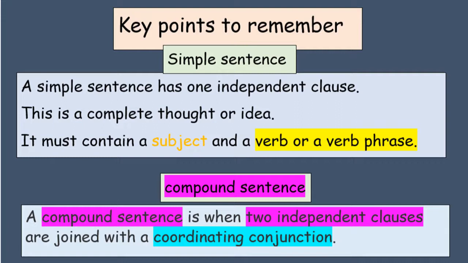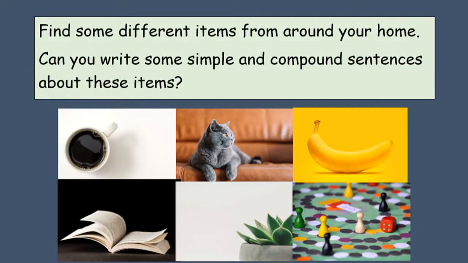A compound sentence is two independent clauses joined together by a coordinating conjunction. So this is two ideas that are joined together with a coordinating conjunction, which we know we can use the fanboys to help us. Why not have a go at home? You could have a look for different items around your house and then write simple and compound sentences about them.